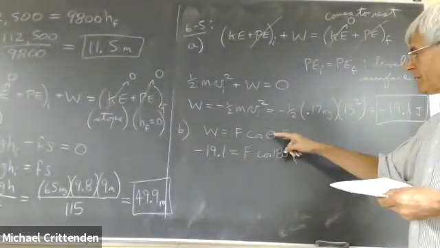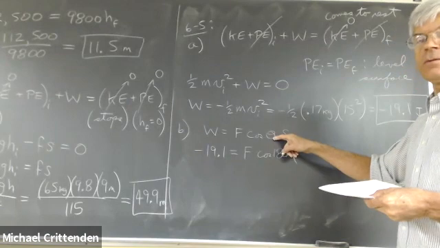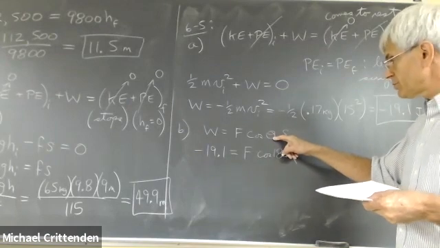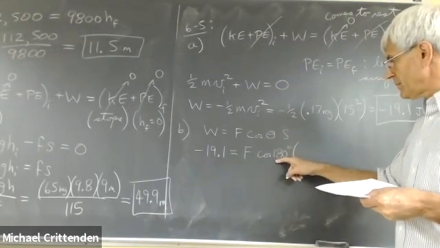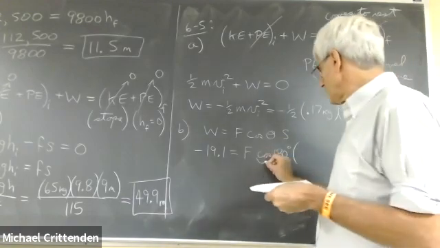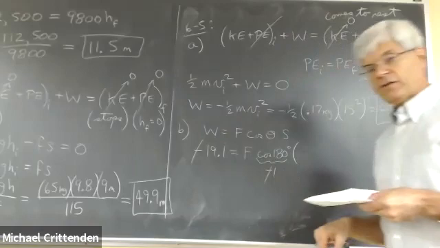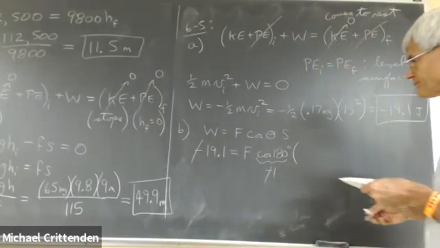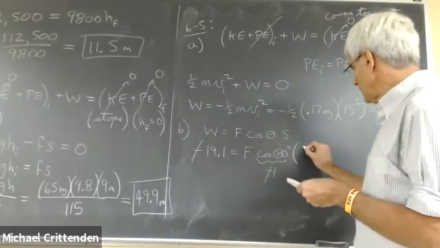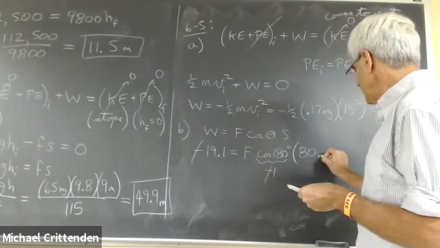Anytime it's friction, theta is 180 degrees. Friction always opposes motion. The cosine of 180 degrees is -1, so the minus signs cancel each other. 80 meters.